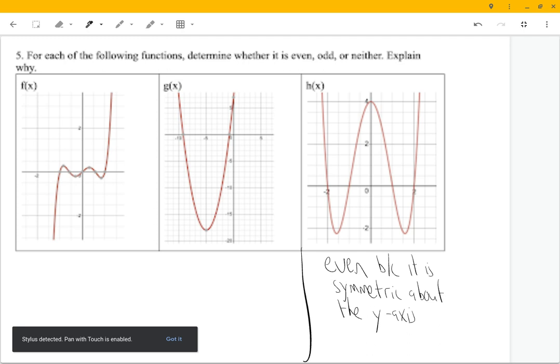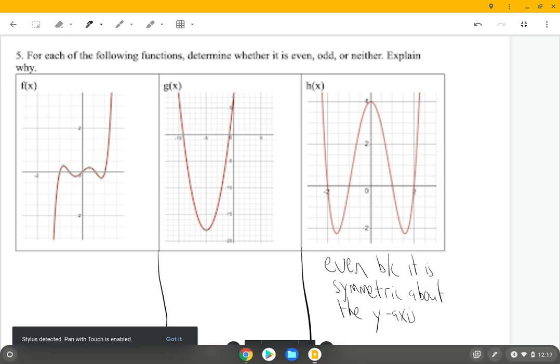Not only do we have to say which one it is, we have to say why. So it's an even function because it is symmetric about the y-axis. Now, f and g are not symmetric about the y-axis, so we know that those are not even.